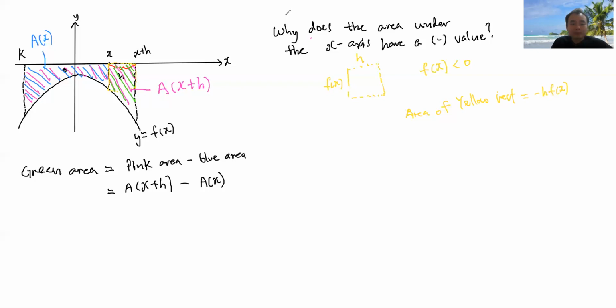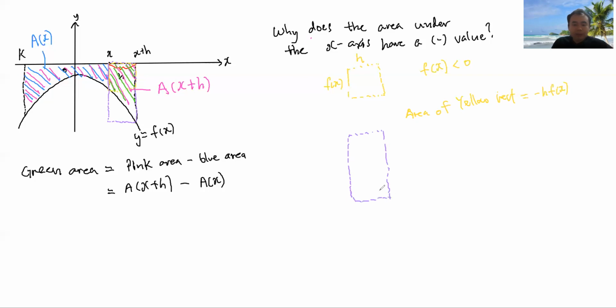Okay, so next I'm going to draw another rectangle. Maybe let's use a darker color, yeah, let's use purple. Okay, so if you look at the purple rectangle, again, I'm going to draw it here for you.